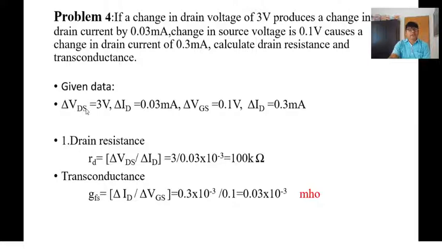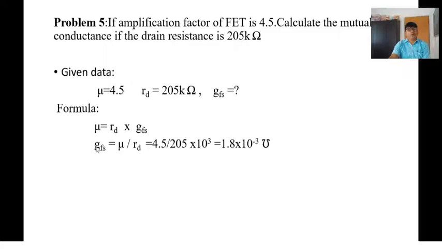Drain resistance is equal to the change in drain source voltage to the change in drain current. Simply substitute all these values and you get 100 kilo ohm. Then transconductance is equal to the change in drain current to the change in gate source voltage. Substitute here and you get the value in milli mho.